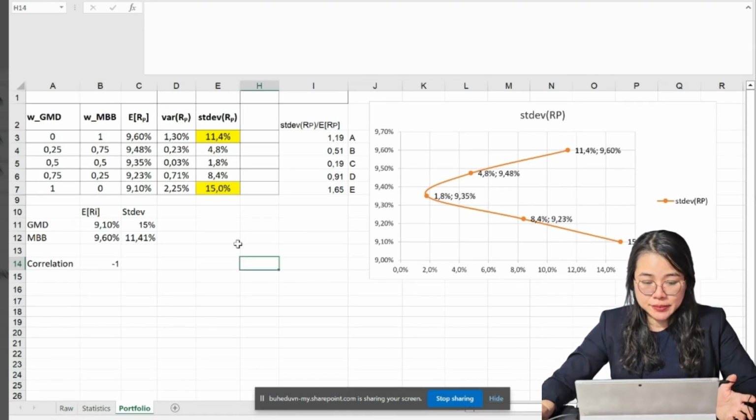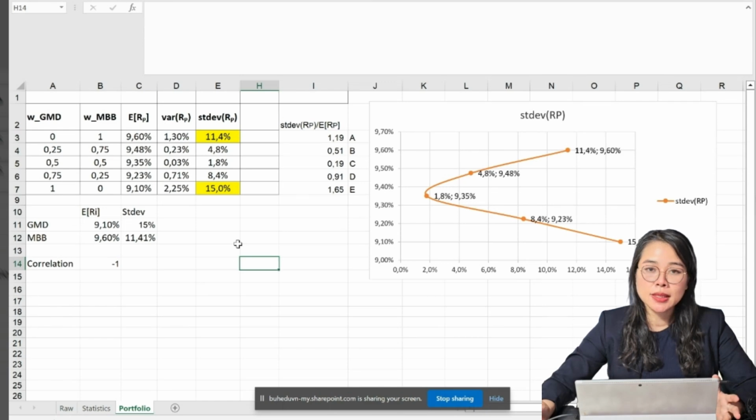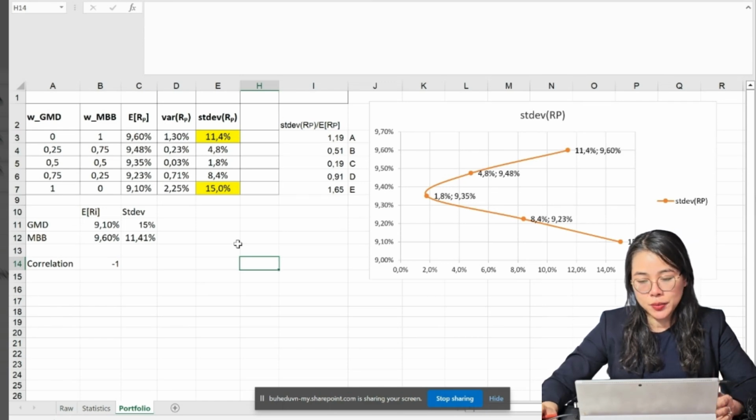So your job is simply to find two stocks that are as little correlated to each other as possible, and then you can come up with a portfolio with the return you wish, but with the risk as minimal as possible.